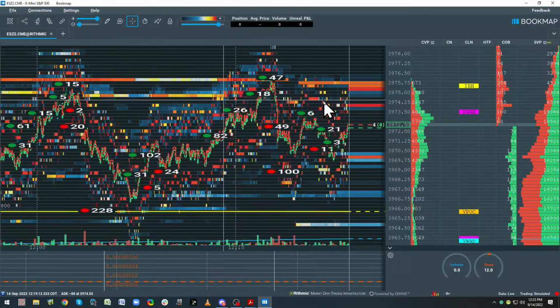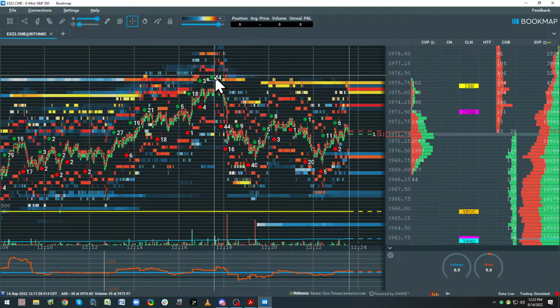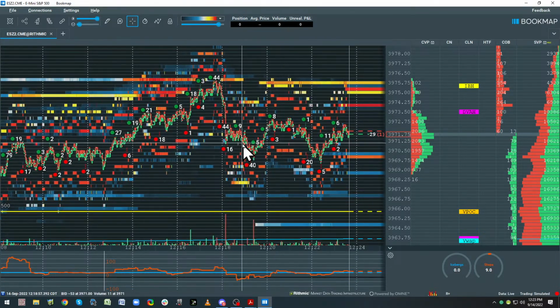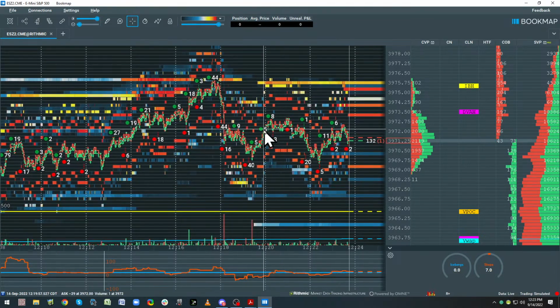Very choppy, very rotational. This is mean reversion. So here again, we're in a situation, look at this, chop, chop, chop. Do you get out? Do you stay in? How do you handle this mentally?